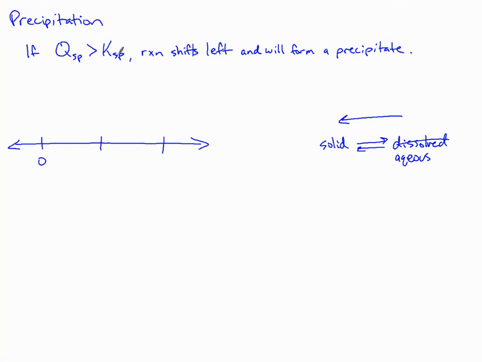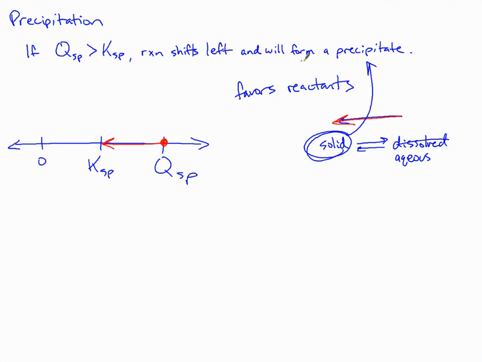And we know that Q is greater than K. So we'll say here's Q and here's K. And remember, Q always wants to go towards K. Q wants to go here, it wants to be K. And so it has to go left on the number line, which means the reaction goes to the left, which means it favors the reactants, which in this case is a solid, which means it forms a precipitate.